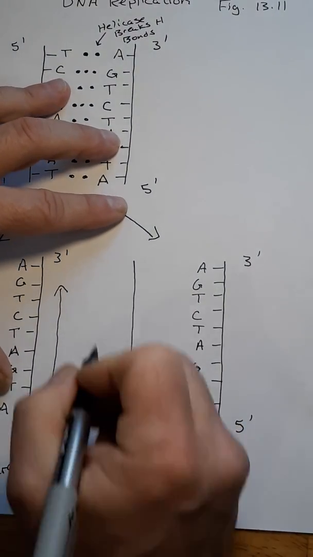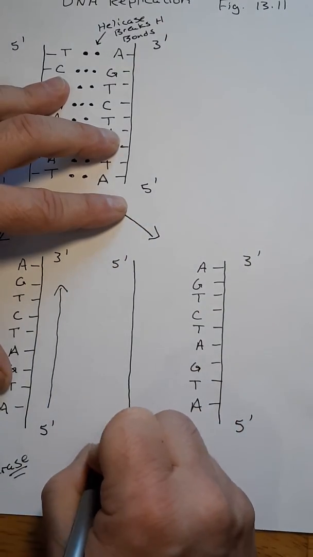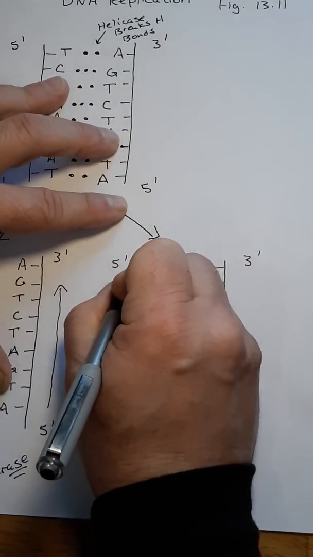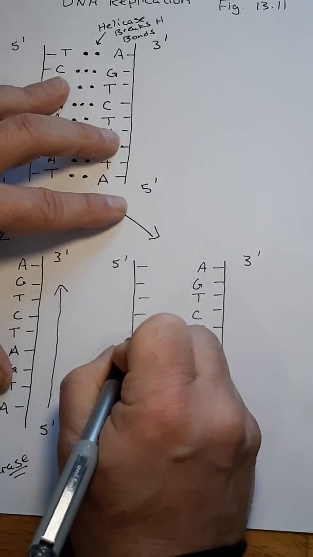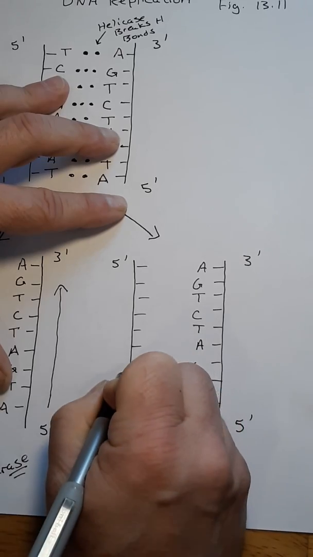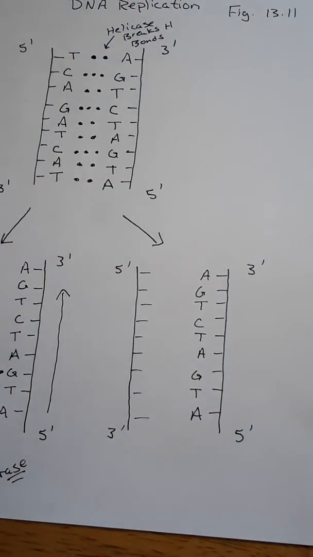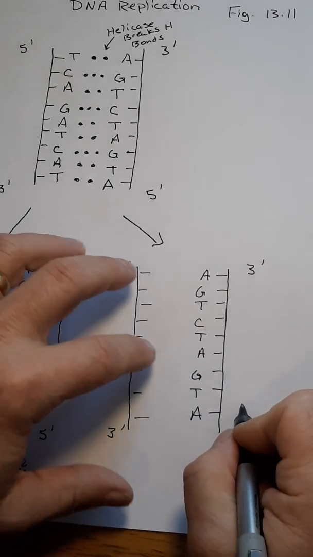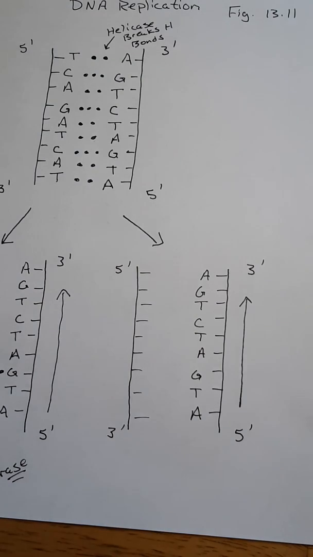And so here we have this orientation in 5' to 3' this direction. Remember, we have a total of 9 of these complementary nitrogenous bases. And here, this is the parent strand or the template strand running 5' to 3' in this direction.